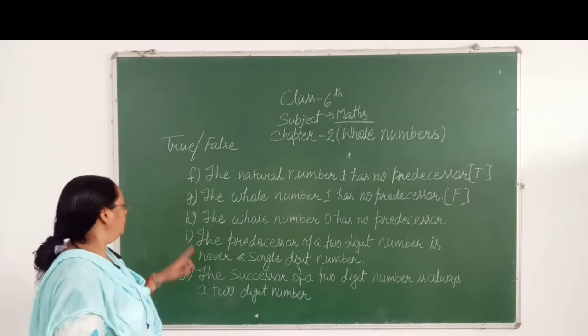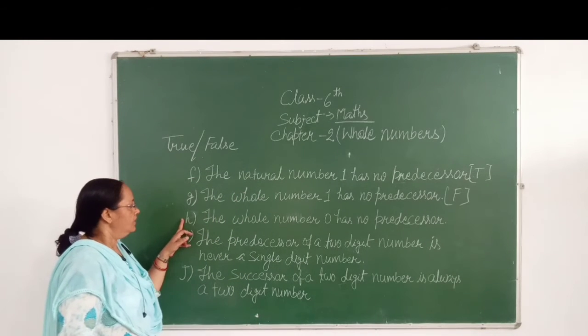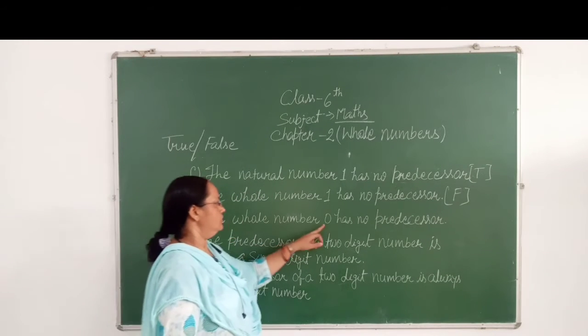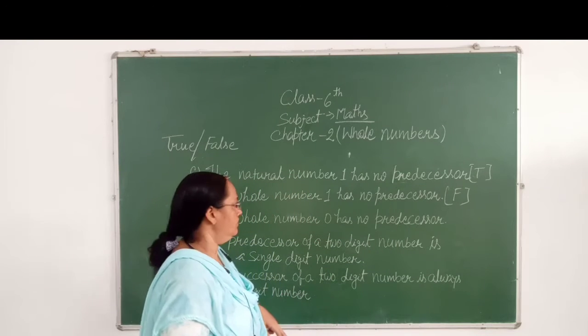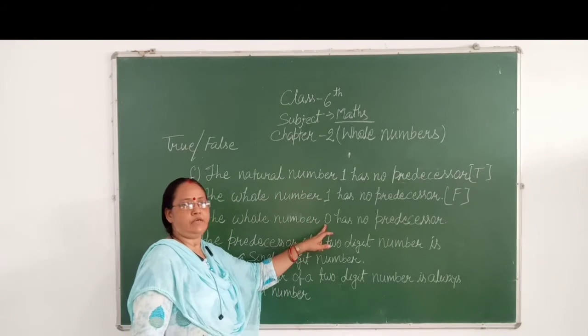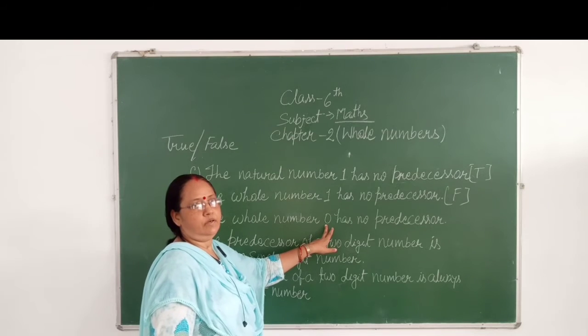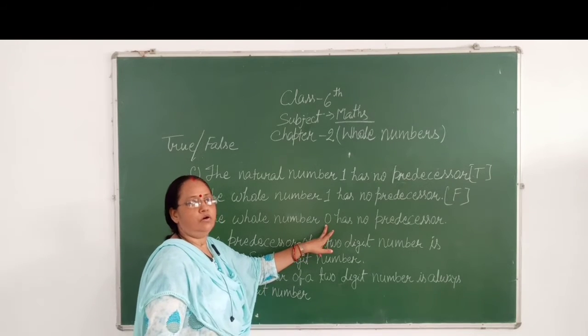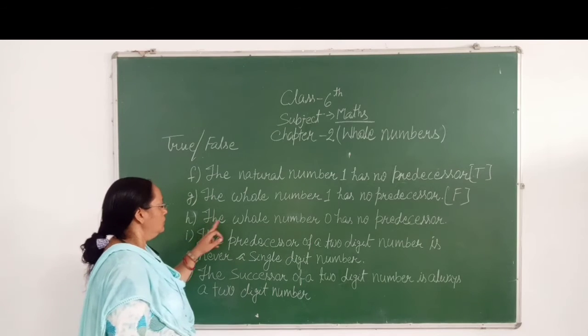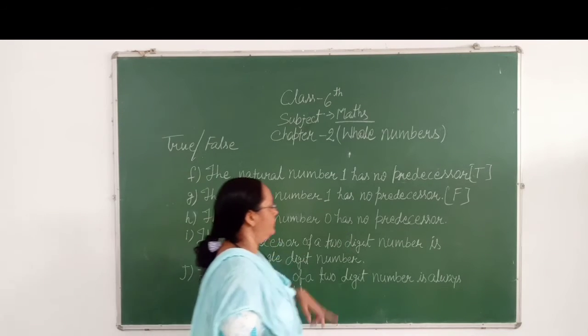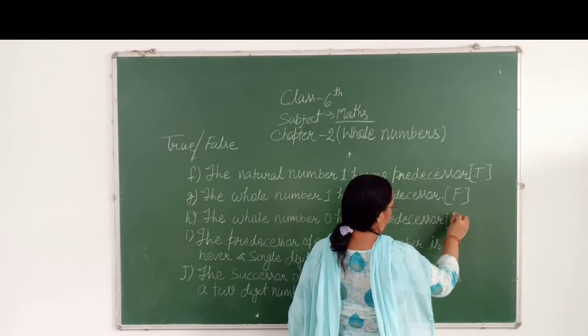And now question number H. The whole number 0 has no predecessor. This is a true statement because 0 से नीचे जब हम जाएंगे तो that is the negative number आएगा और वो integer है, वो whole number नहीं होता. So the whole number 0 has no predecessor. This is a true statement.